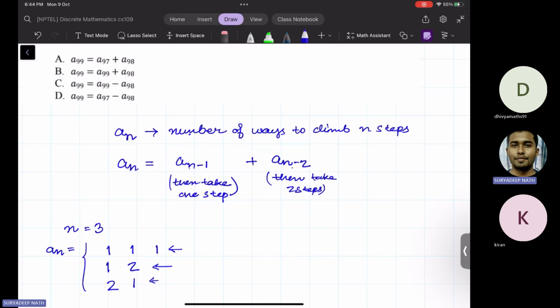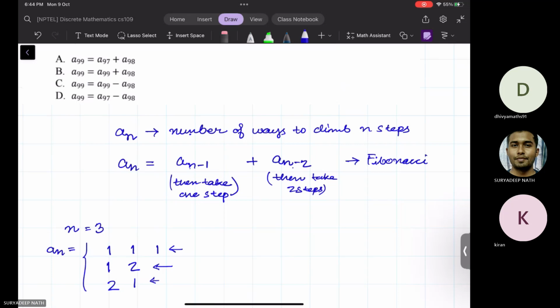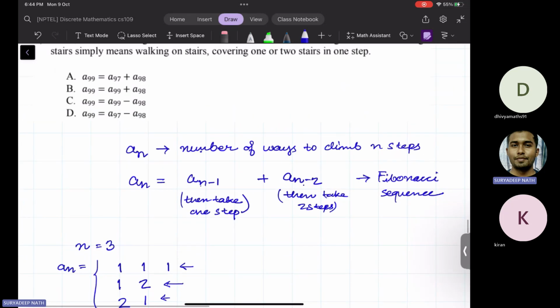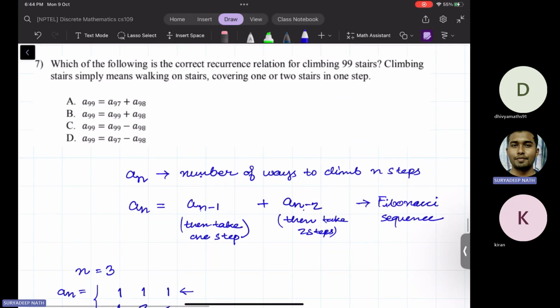For this an minus 2, you have some combinations, but at the end you add 2. Those make another combination. So basically an equals an minus 1 plus an minus 2. This is again the Fibonacci series. So climbing n steps can also result in a Fibonacci sequence. Therefore, if you look at the options carefully, option A is the right answer.